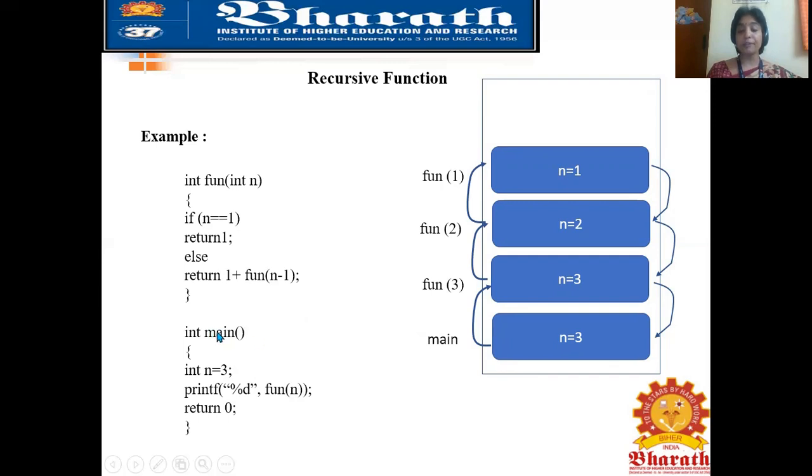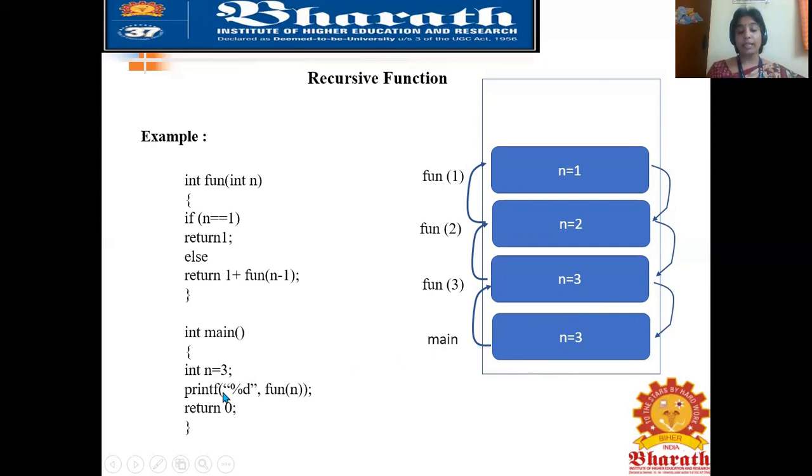First, the compiler sees the main function, so for main it maintains the activation record. What will this activation record have? It will have the parameters inside the function. In this case, the variable n is equal to 3 is my parameter, and it is saved in the activation record.